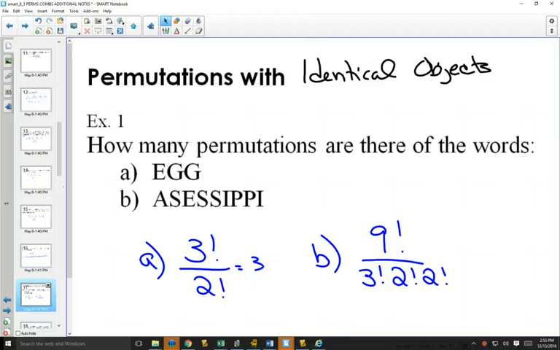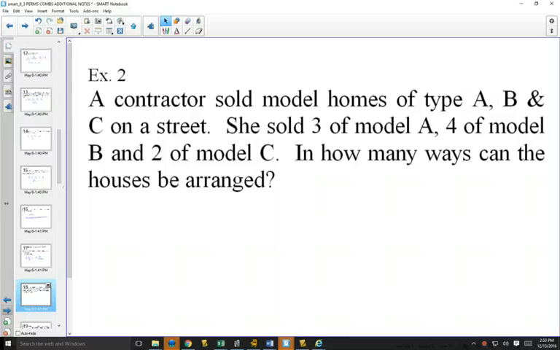And we've seen that these kind of questions can come up in different ways. So here's one: a contractor is selling model homes of type A, B, and C on a street. She sold 3 of model A, 4 of model B, and 2 of model C. So now they have to decide how they want to build those on that street.